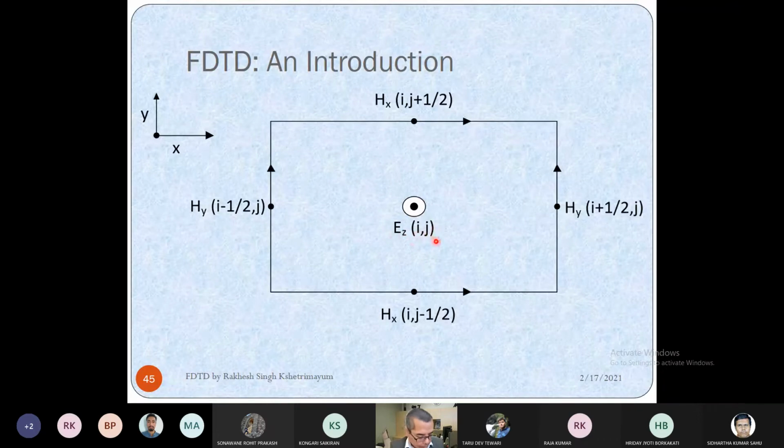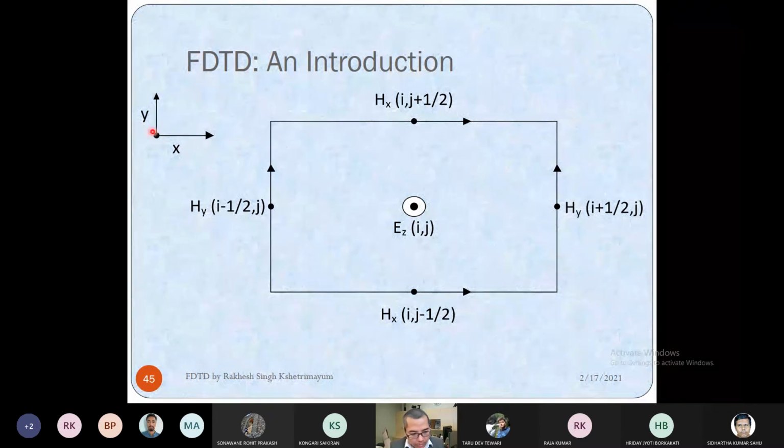Since I have calculated electric field at the integer space steps, electric field is coming out of this surface. This point here means electric field is pointing out of this surface. So if you move a distance down here, this is the y-axis, this is the x-axis. When I move down here, y has changed.